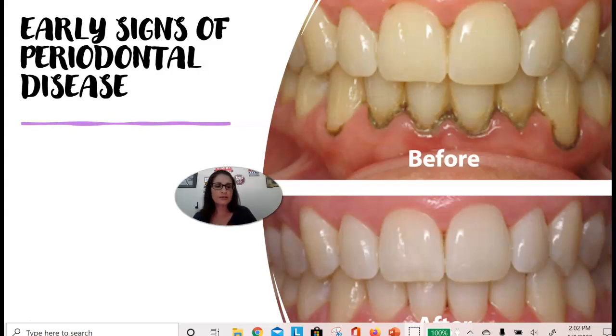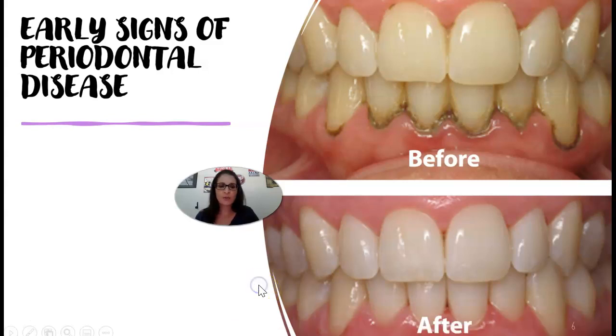So looking for the signs for periodontal disease, we can clearly see the before and after of this patient. One of the signs that we're going to be looking at is the changes in the gingiva, the color of it, the size, the shape, the texture. We can see from the healthy tissue right here, it looks very pink. Here it looks very irritated, swollen, puffy, and red.